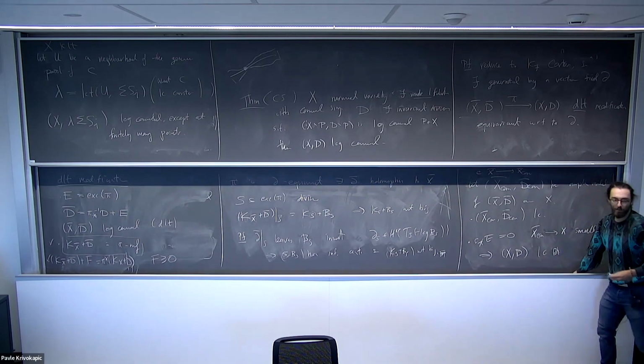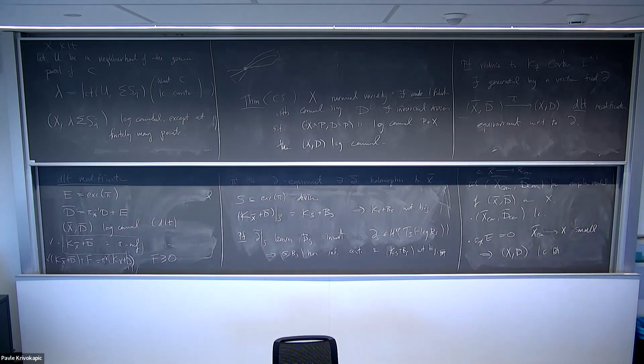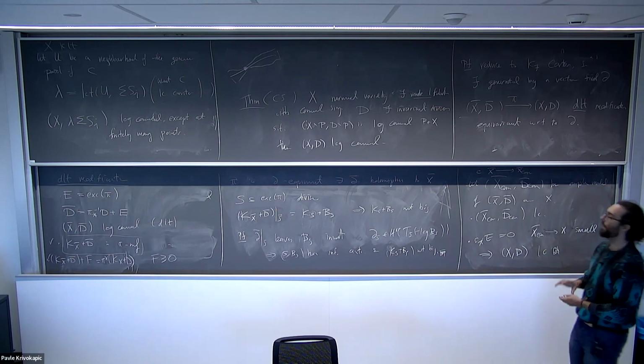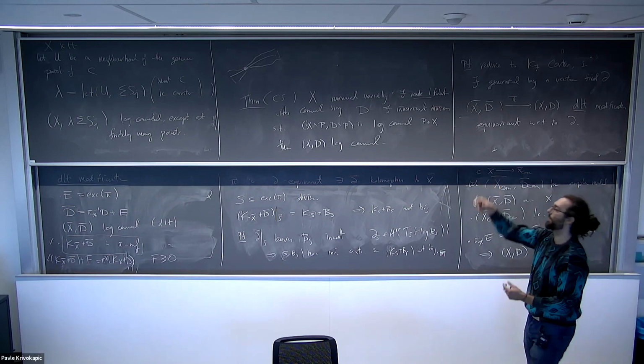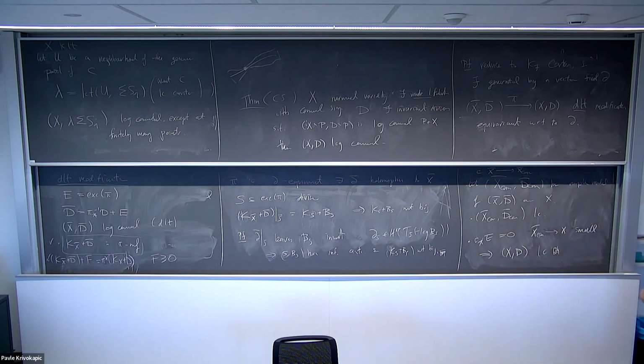Okay. So this is a very technical thing. But again, the basic observation is that you use this vector field and this equivariant resolution to control what sort of divisors you're extracting in a DLT modification. And so you see that the ample model of any DLT modification has to be a small modification.